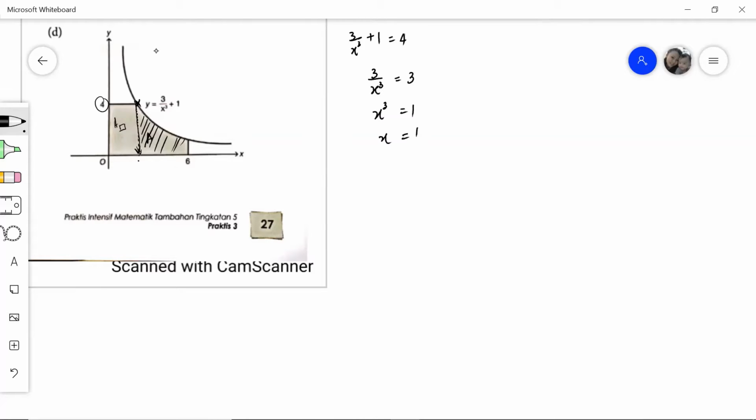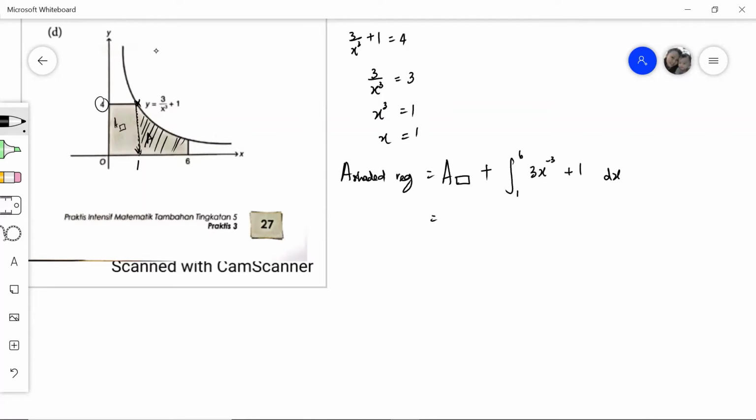So this is 1. Therefore, the area of the shaded region will be the area of the rectangle plus the area under the graph, which we have to integrate from 1 to 6 towards the x-axis, of 3x to the power of negative 3 plus 1.